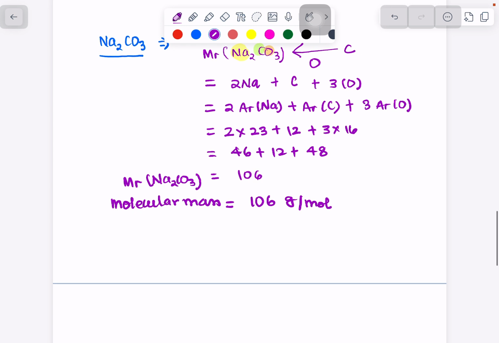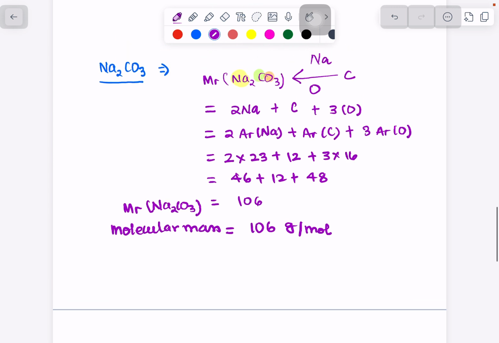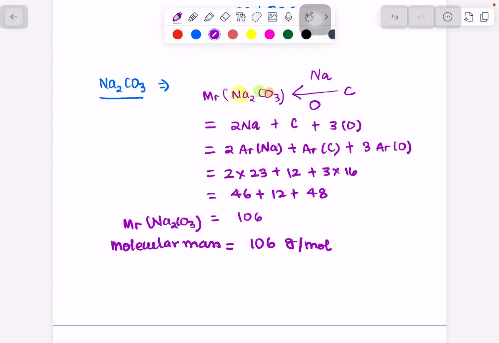Now we look at the salt with crystalline water in it. I will show you the same molecule. So this is the anhydrous salt, Na2CO3. This is anhydrous because there is no water in it.